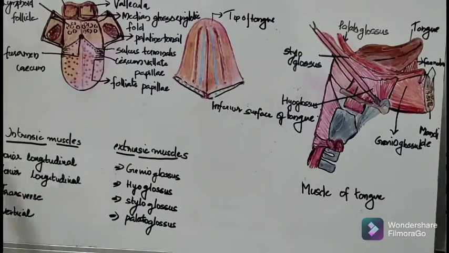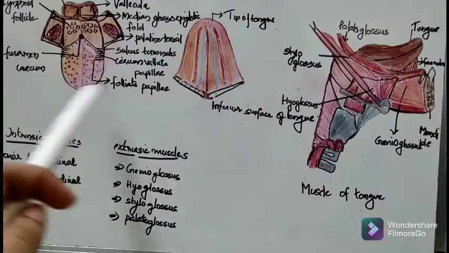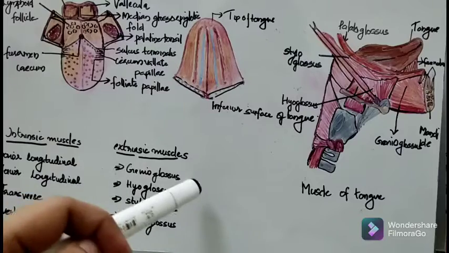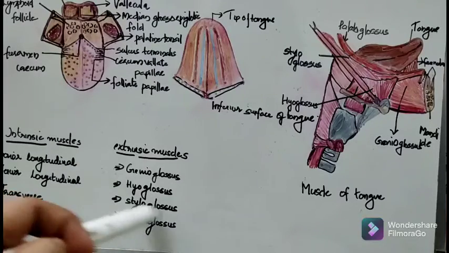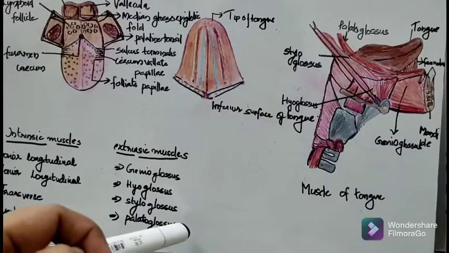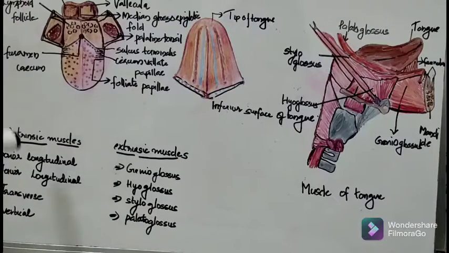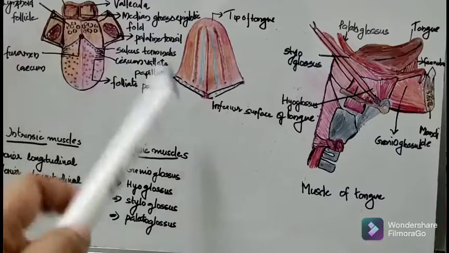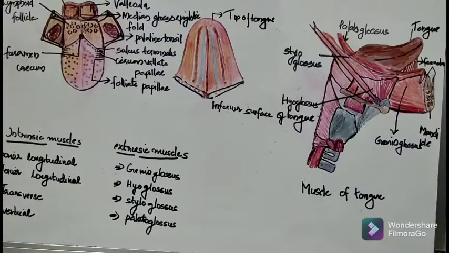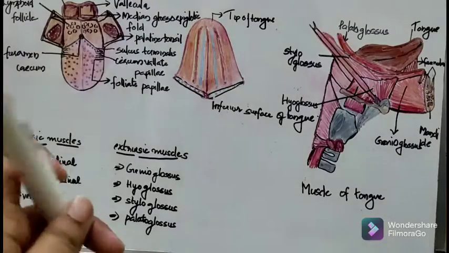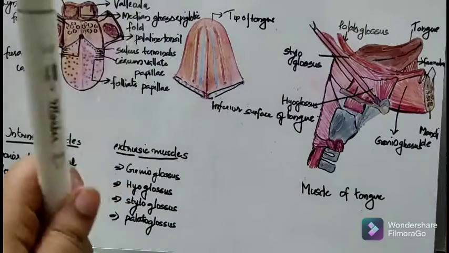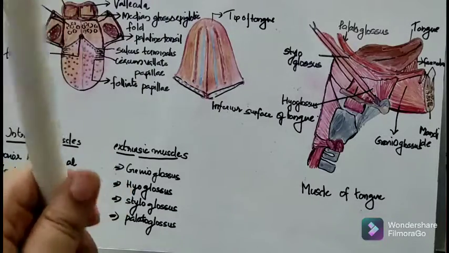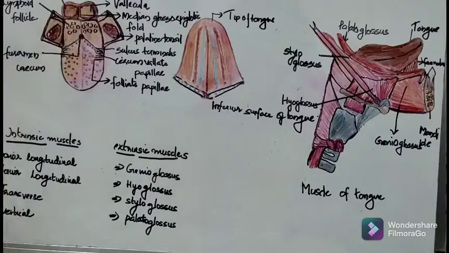The intrinsic muscles are of 4 types: superior longitudinal, inferior longitudinal, transverse, and vertical. The extrinsic muscles are the genioglossus, hyoglossus, styloglossus, and palatoglossus. We discussed the origin, insertion and function of these muscles. Then we discussed the blood supply: the arterial supply, the venous drainage, and also the lymphatics.